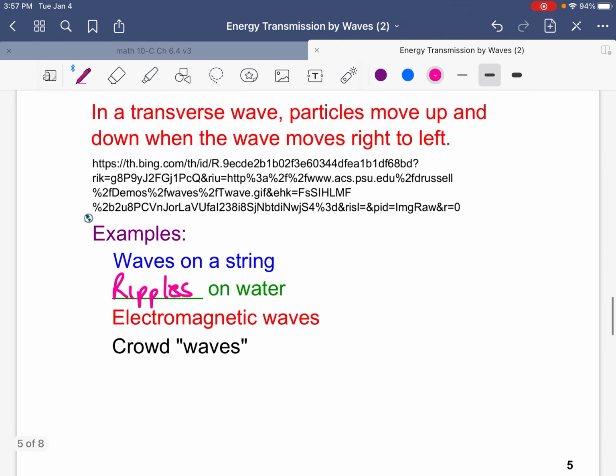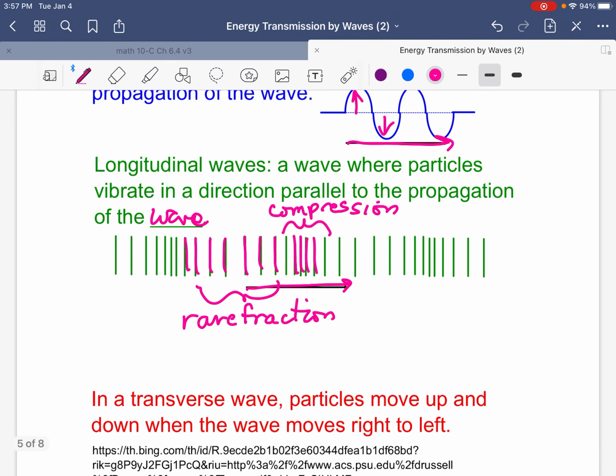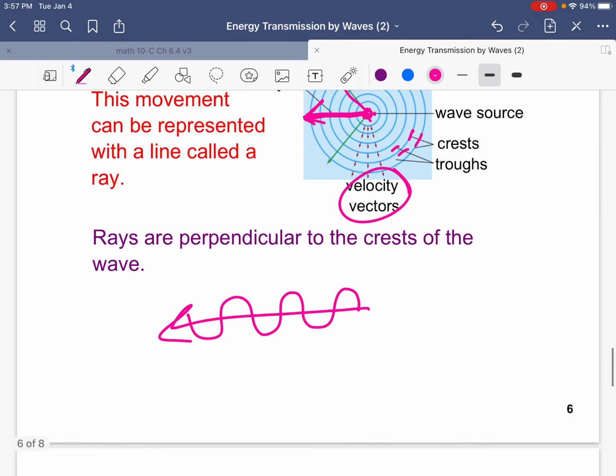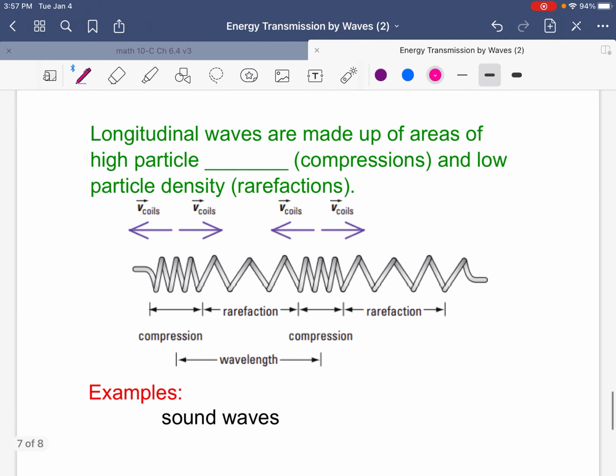But this goes back to here. These longitudinal waves, you get compression and rarefaction. Now, once again, we play with this in class, and you see the spots of compression and rarefaction where the particles are close together or far apart.